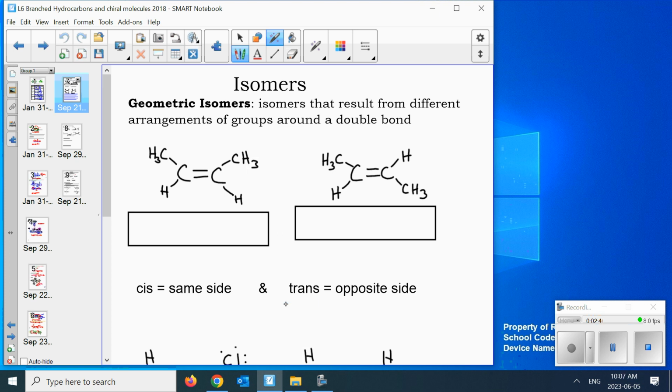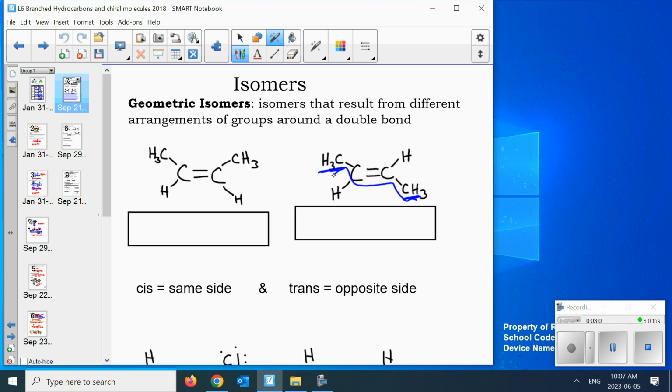Cis and trans, you're aware of prefixes. Cis, same side, is what we're saying. So this, you notice that the long chain is on the same side of the double bond. This, opposites, right? We'll call this the trans.